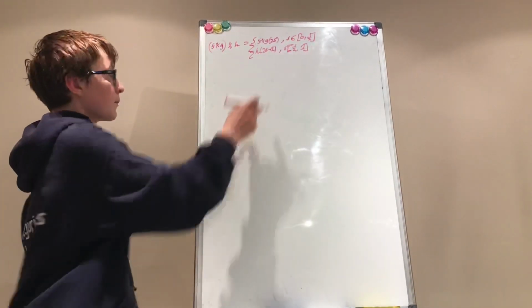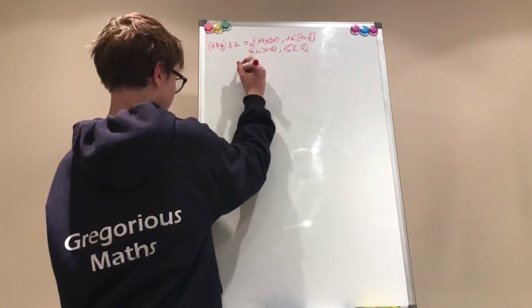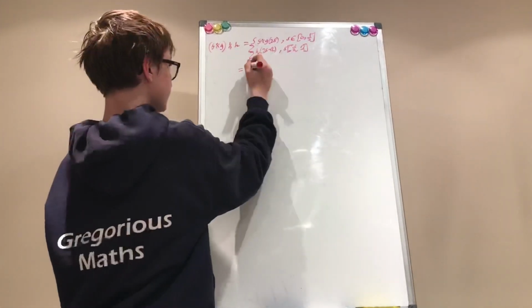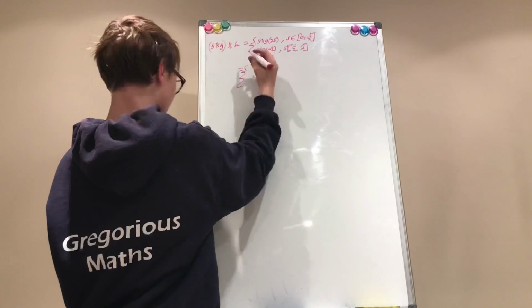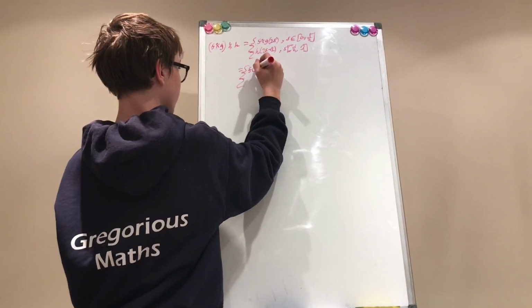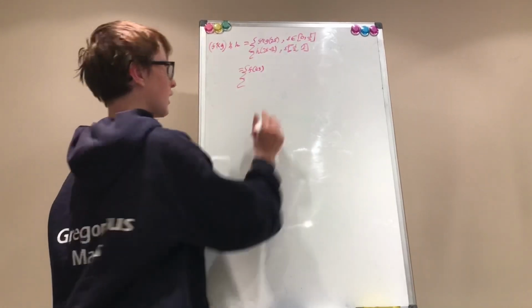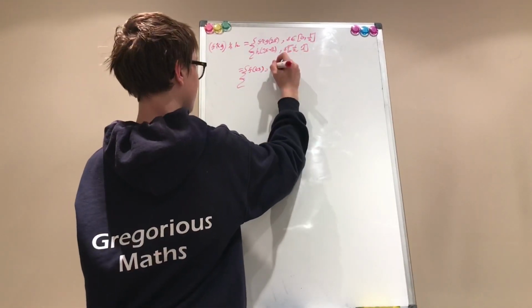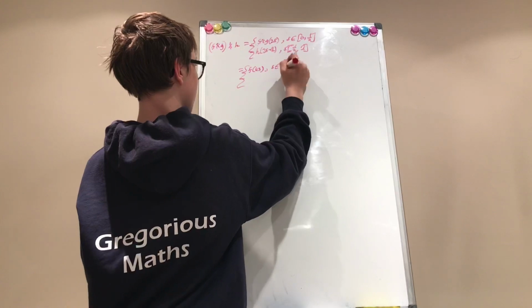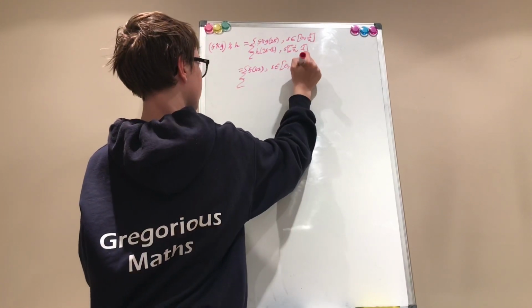Okay? But we can expand the top part of this piecewise function out as F of 2 times 2S, which is 4S, for 2S between 0 and 0.5, or S between 0 and 1/4. Okay?